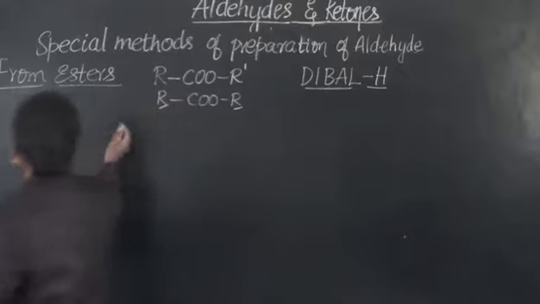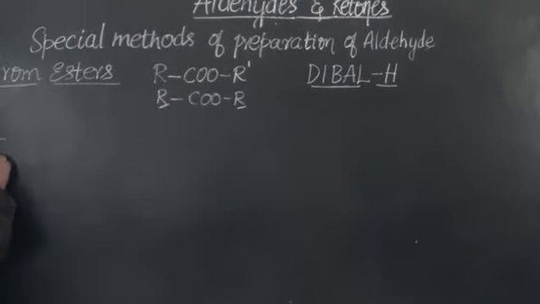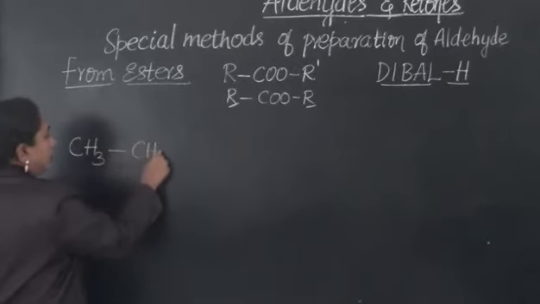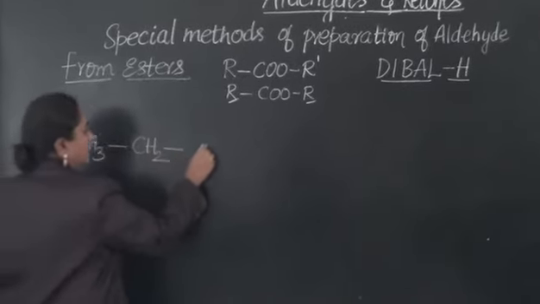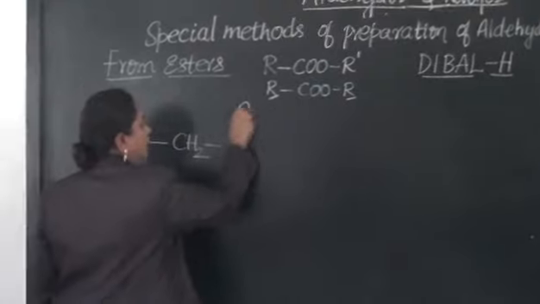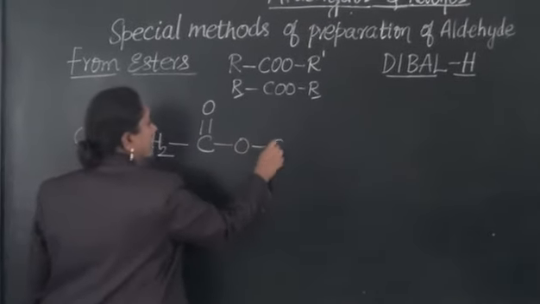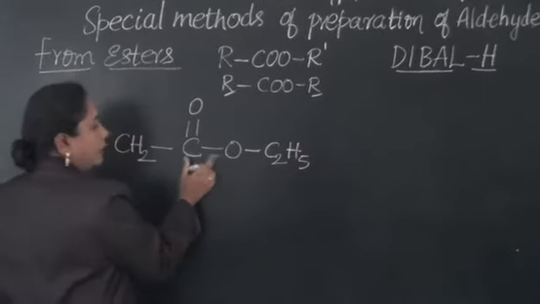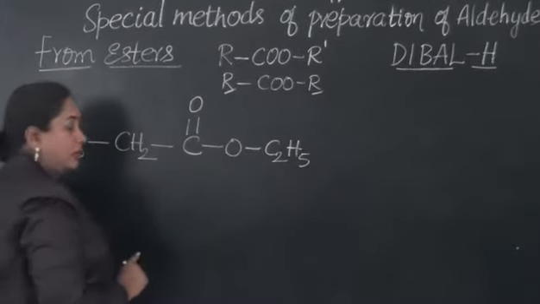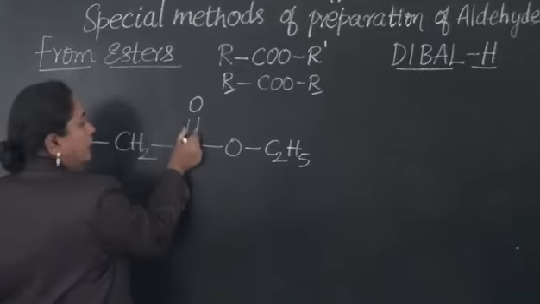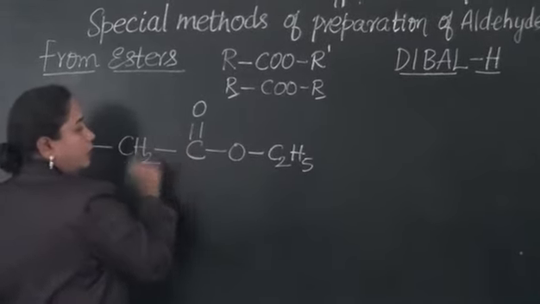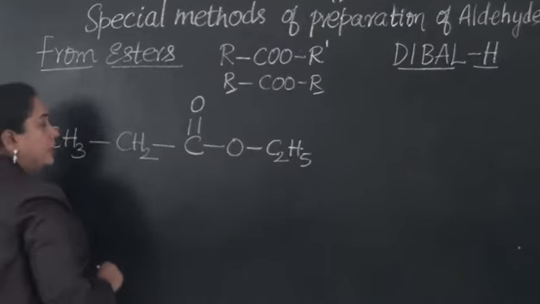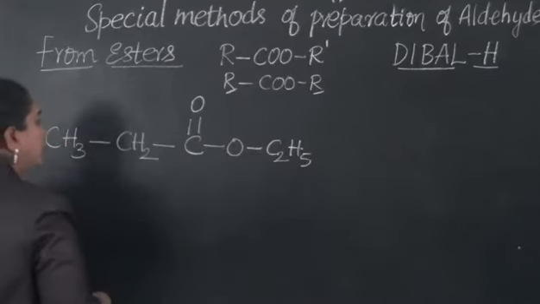Now, let us take up an example directly. Say we have a compound like this as our starting material. In an ester, one of the oxygen atoms is bonded to a carbon atom by a single covalent bond, and the other oxygen atom is bonded to carbon by a double covalent bond. So this is an example of an ester. Now what will be the name of this compound?